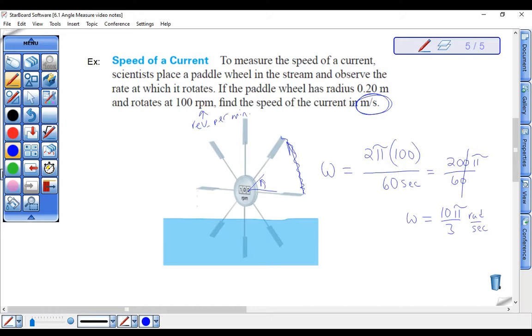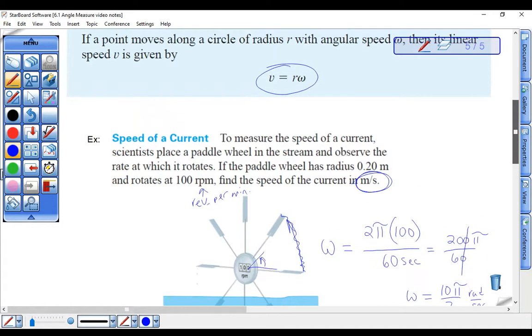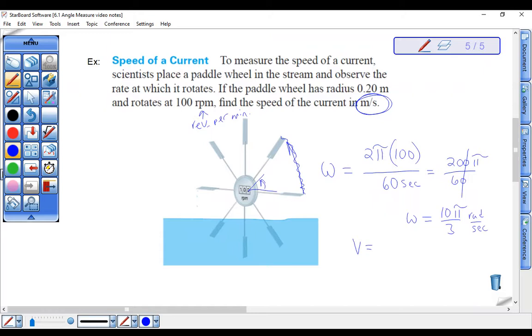All right, now we need to convert our radians to speed. So speed here, v, would be equal to our radius times omega. Remember, here's our formula, r times omega. The radius here is 0.2 meters, times my omega, which was 10 pi over 3 radians per second.